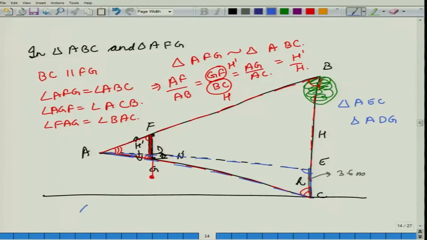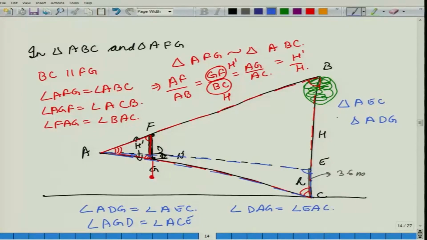So, angle ADG is equal to angle AEC because again we have two parallel lines that are intersected by a line. Also, angle AGD is equal to angle ACE, and the common angle DAG is equal to angle EAC. So, both these triangles are also similar, which would give us that the corresponding sides are in a constant ratio. So, we have AE by AD is equal to EC by DG is equal to AC by AG.